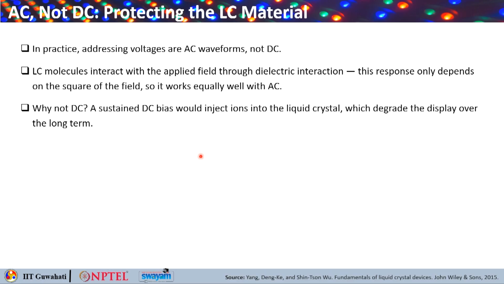So the question is, why not DC? A sustained DC bias would inject ions into the liquid crystal, which would degrade the display over long term usage, and this is why people choose AC with the same mean value as that DC.